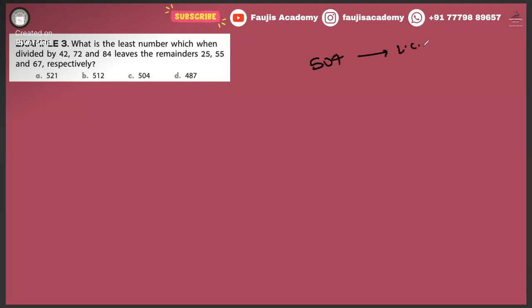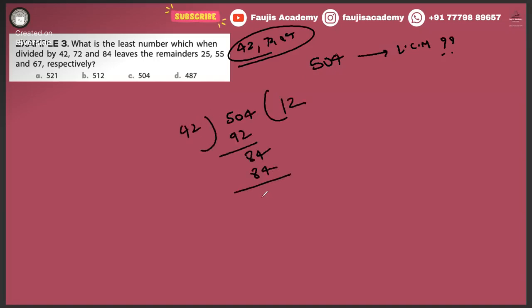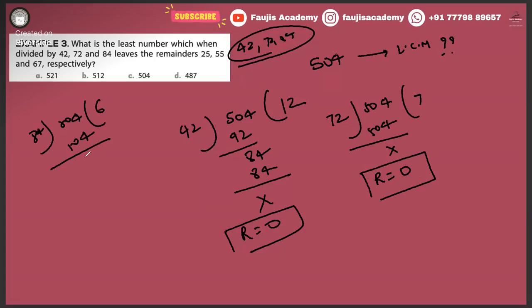504 was the LCM of 42, 72, and 84, right? If 504 is divided by 42, you check, what is the remainder? Dinesh? 0. Open your mouth and say it. What is the remainder? 0, sir. What is the remainder here? Same, 0, sir.